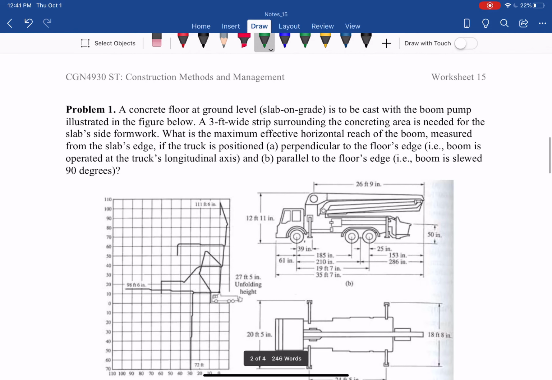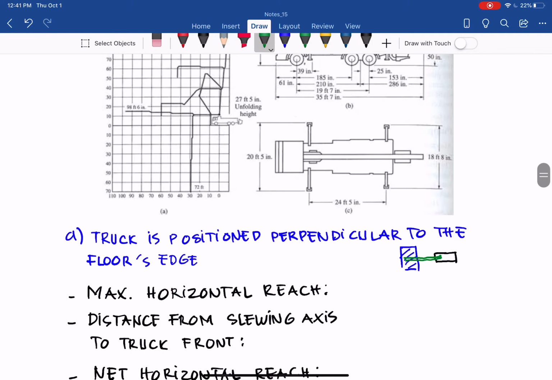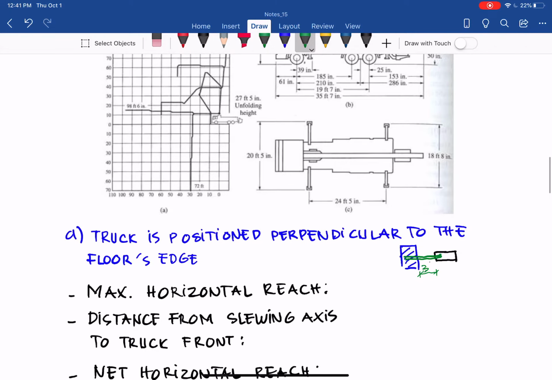And the strip width is 3 feet, so we have to maintain the distance from the edge of the slab to the truck front of 3 feet.